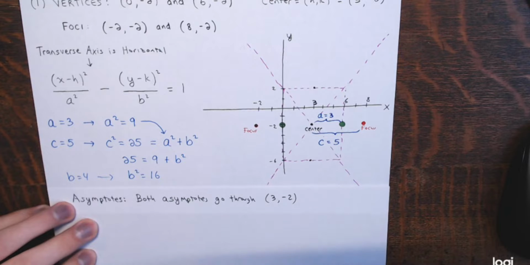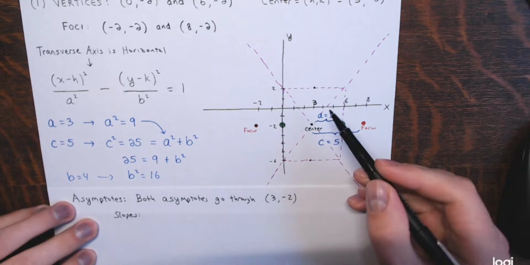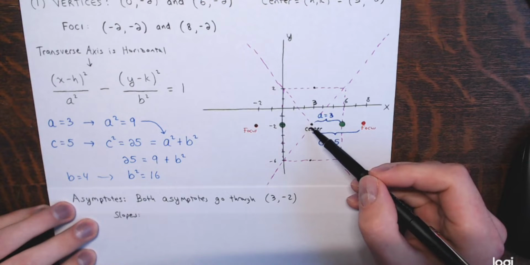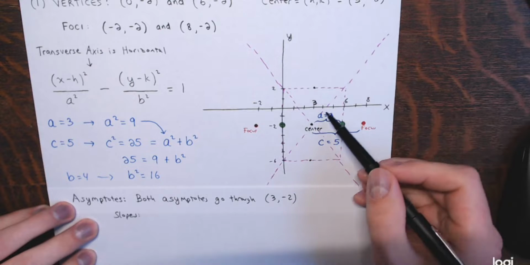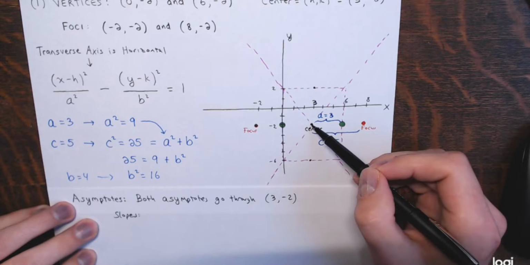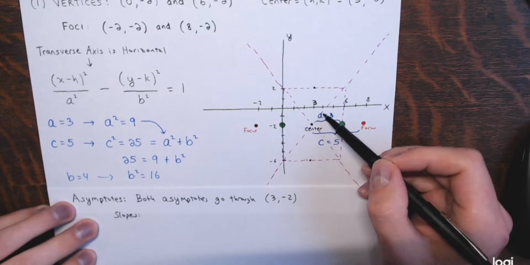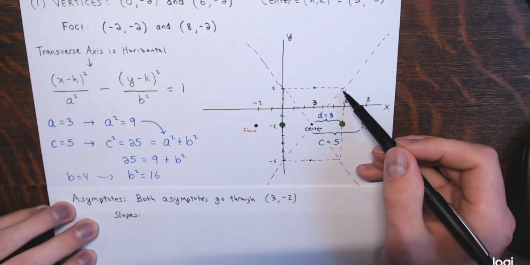So there's a point, and the slopes of these asymptotes are the following. To find the slope, it's real easy. To find the slope of this line here, just go from the center, which is a point, to one of the corners of the rectangle, which is another point on the line.